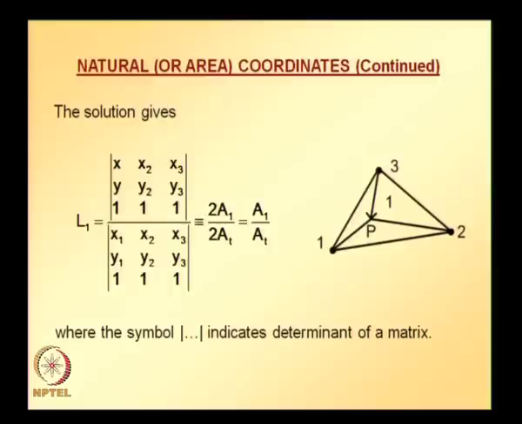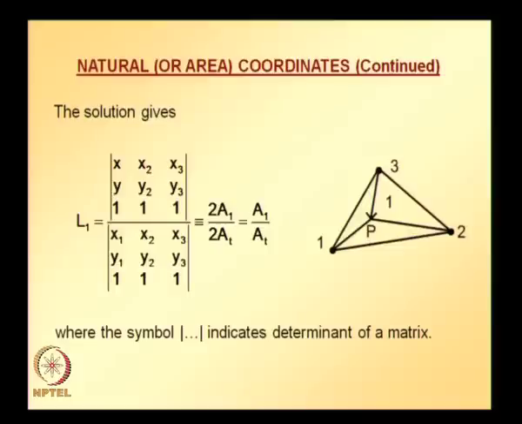And if you verify, these determinants are nothing but twice the area opposite to node 1 and twice the total area of the triangle.